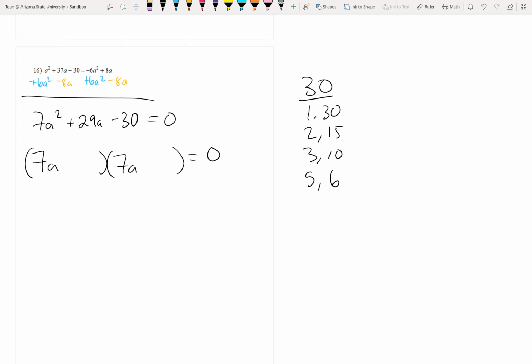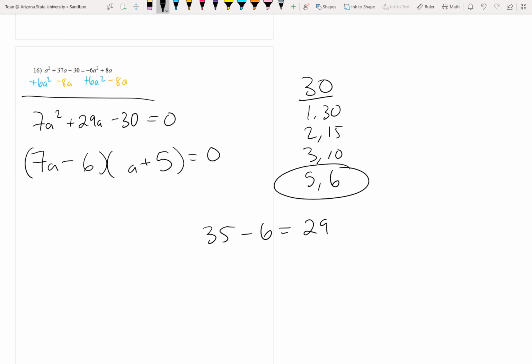But 7a and a. 7 times 35. Yes. So this one here, 7 times 35, and then minusing the 6 should give me the 29. So it's 7 and 5. 6 is by itself. 6 is negative. 5 is positive.